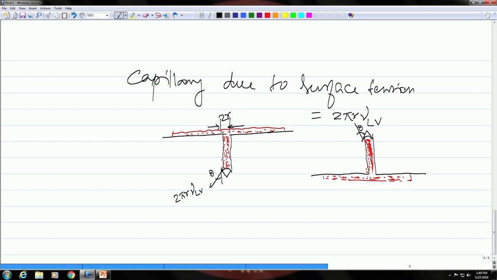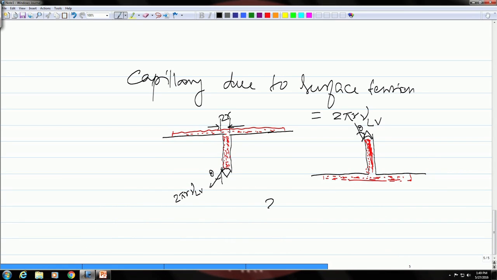So, what you have inside this crack is a liquid head. That means the weight of the liquid is being supported by this capillary force. If you take the component of the capillary force along this axis vertically, this is the component which is supporting the liquid head or the weight of the liquid.